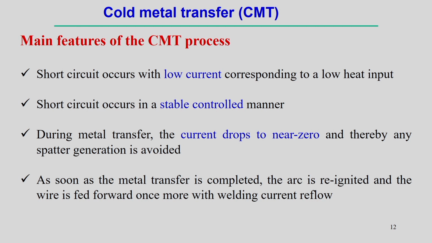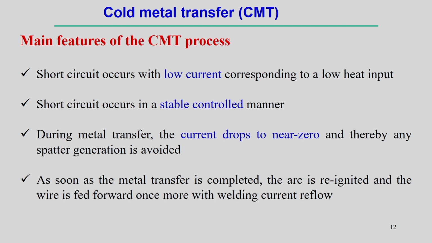Once the metal transfer is completed, the arc is reignited, because there is some gap at this point, and at the same time the wire is moved forward. Initially the wire was retracted back to a particular position, and the same amount of forward motion is given to the wire once again.